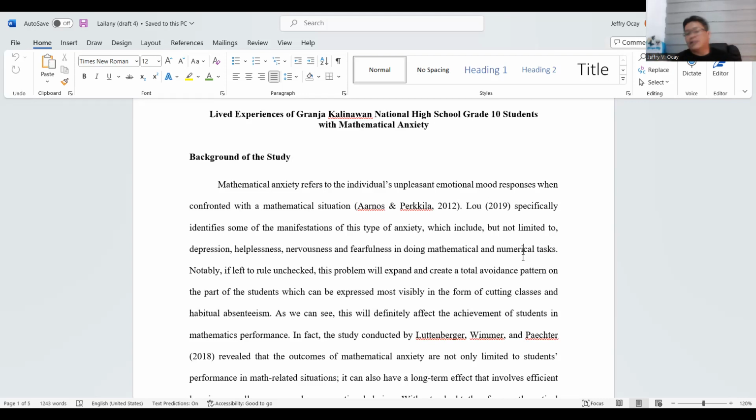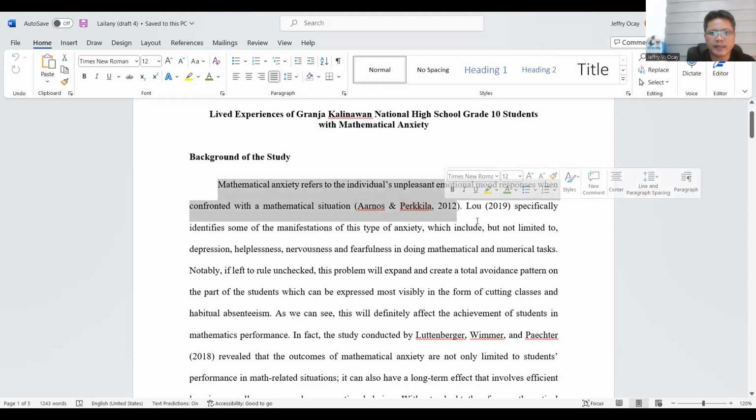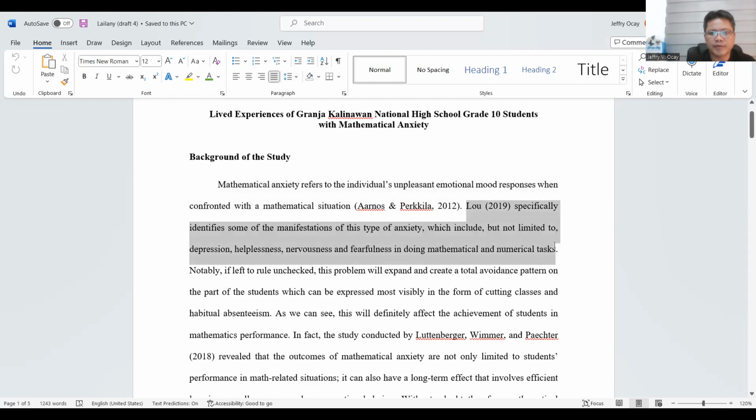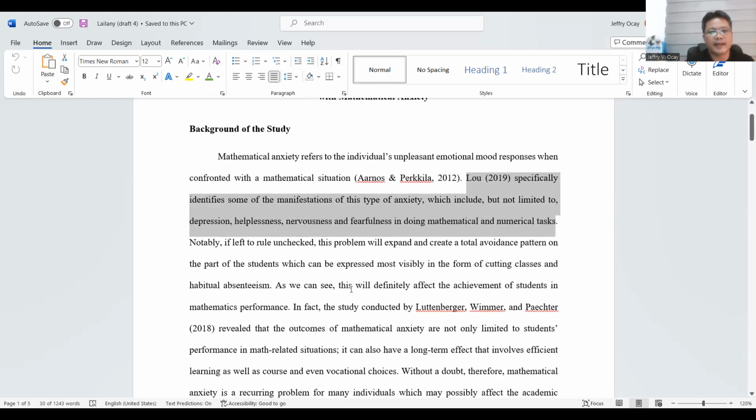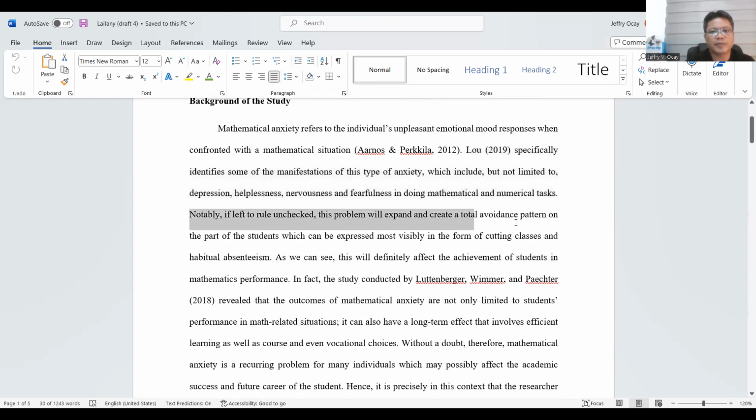So I hope you can see the difference now. So this is the meaning of mathematical anxiety. And the second sentence, we briefly discuss the nature and dynamics of mathematical anxiety. And then in the next paragraph, we now present the problem. Okay, so let me continue.